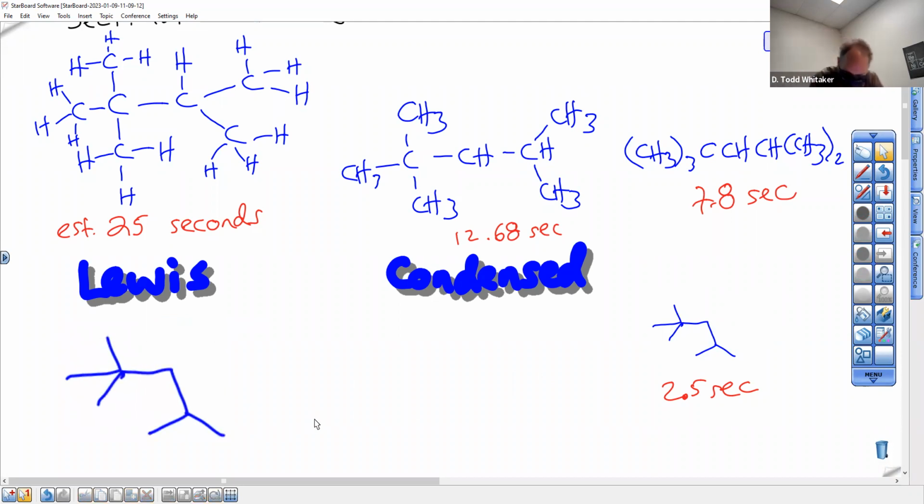And I'll put some numbers on here. 1, 2, 3, 4. 1, 2, 3. Wait. I don't have the right molecule. I got myself. It should have been less than 2.5 seconds. I drew an extra carbon. All right. So I caught myself, but they're not impressed anymore at all.